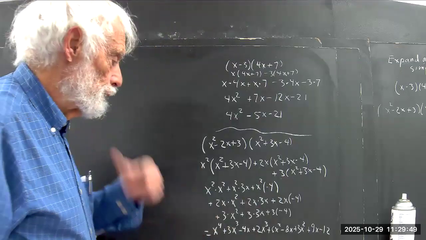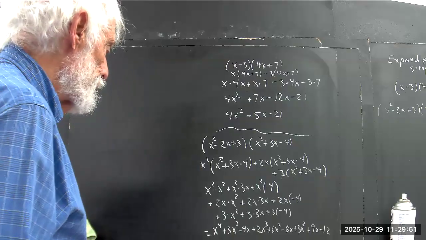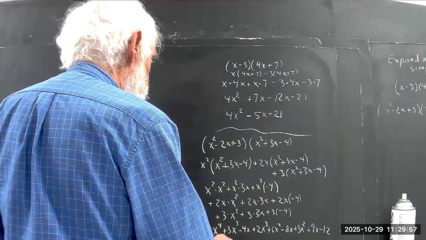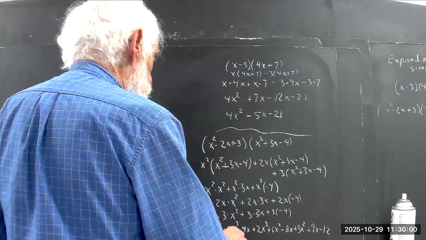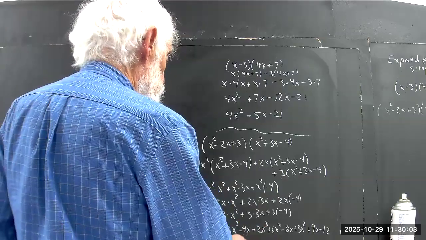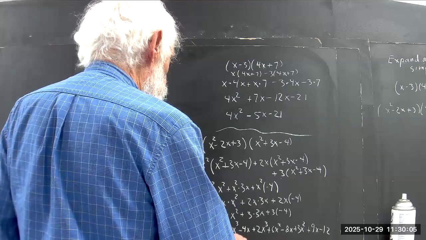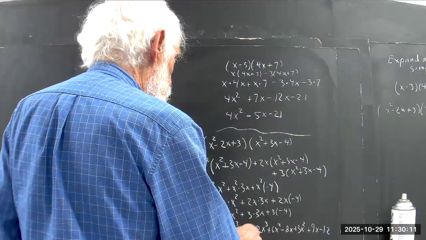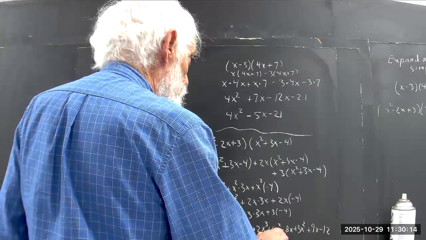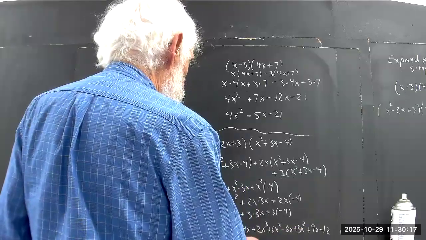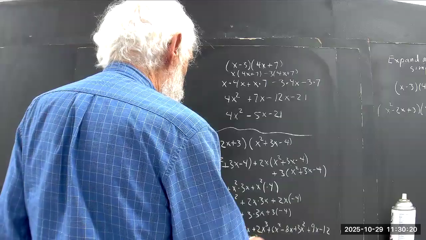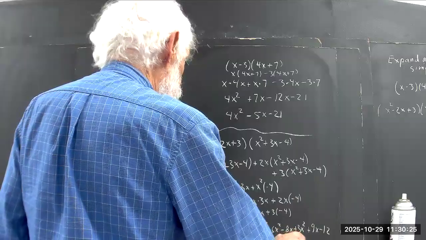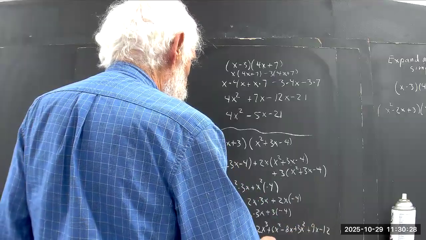Then we can put our terms together. Just have one x to the 4th term, a 3x cubed and a 2x cubed gives us 5x cubed, -4x squared, 6x squared and 3x squared is 9x squared. -4x and -8x is -12x, and add 9x, that gives you -3x.